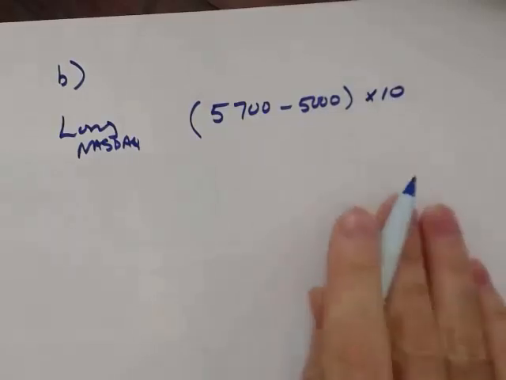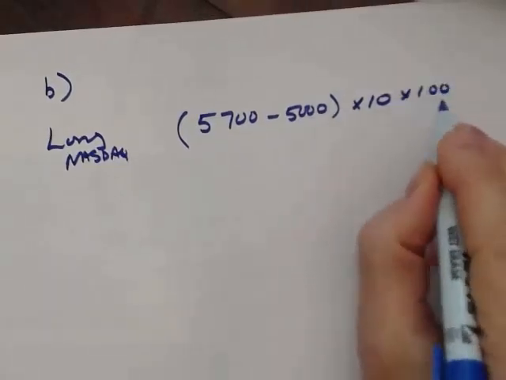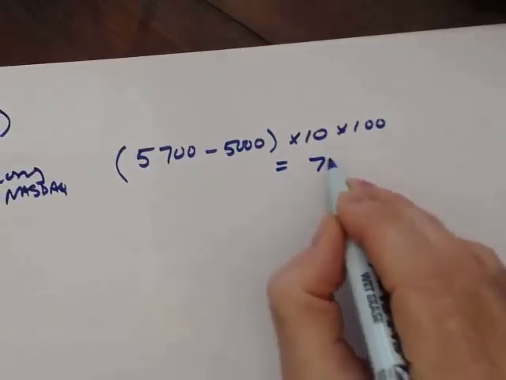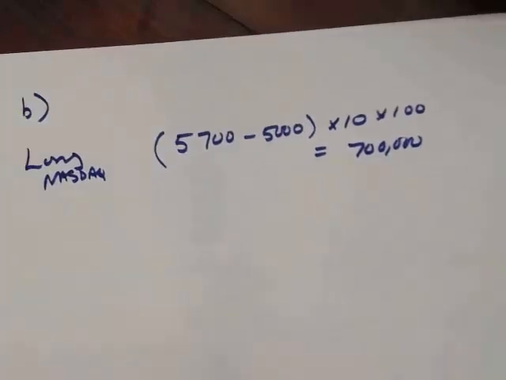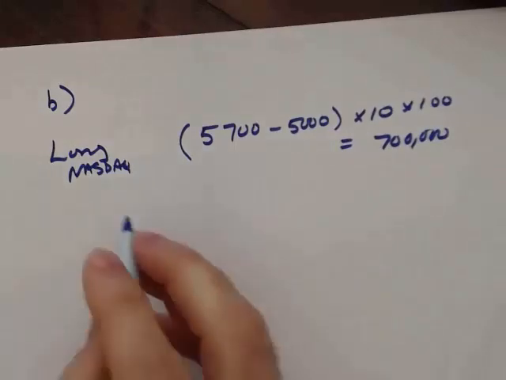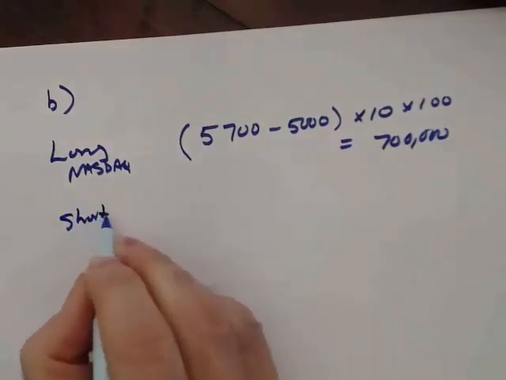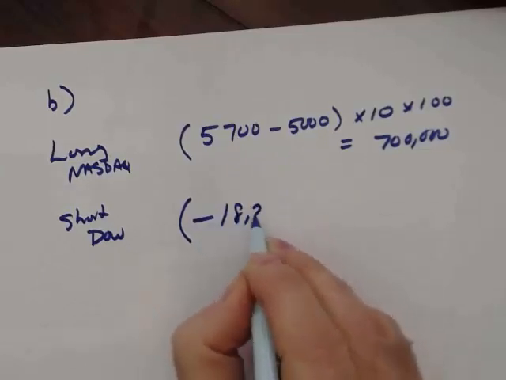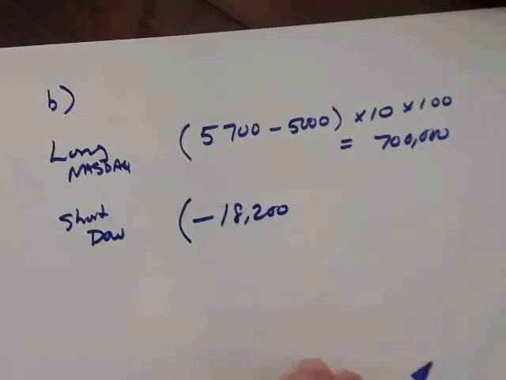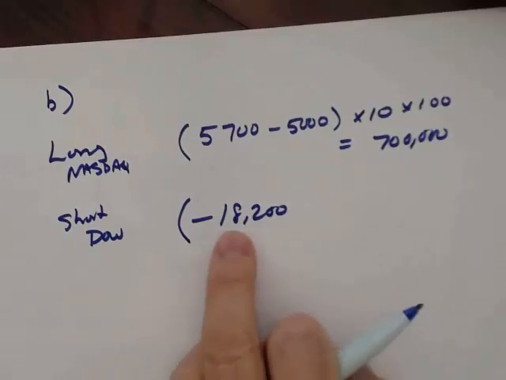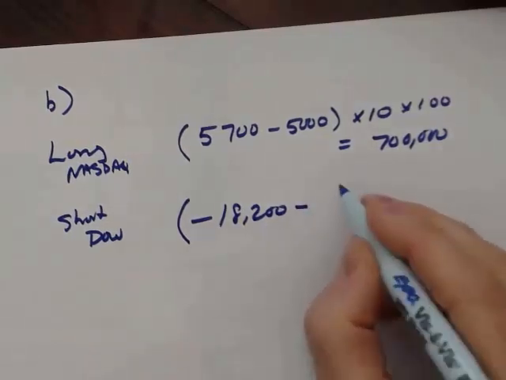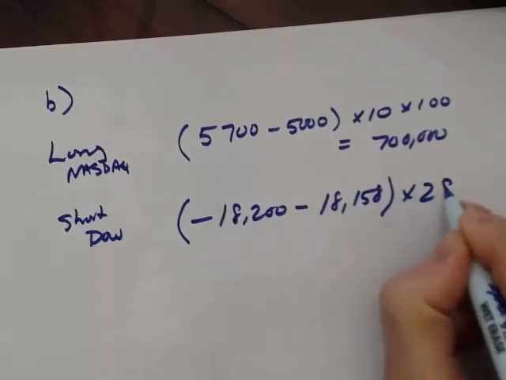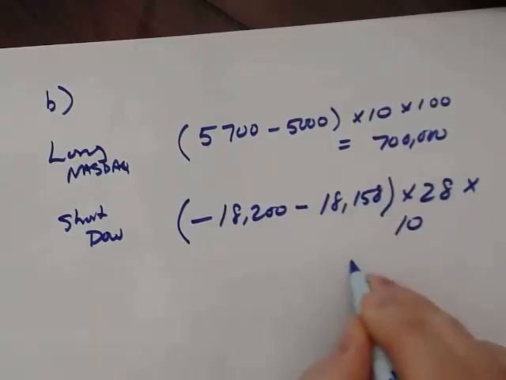Times the 10 contracts times the contract size, we have a profit of $700,000 for the NASDAQ. And we were short the Dow, so minus 18,200, which is where we ended up now. When we put the contracts on, it was 18,158, times the number of contracts times the multiplier.